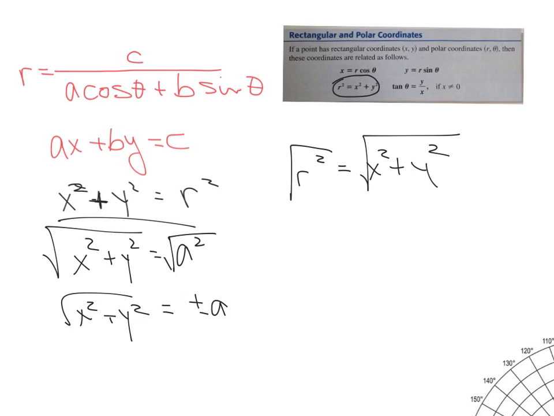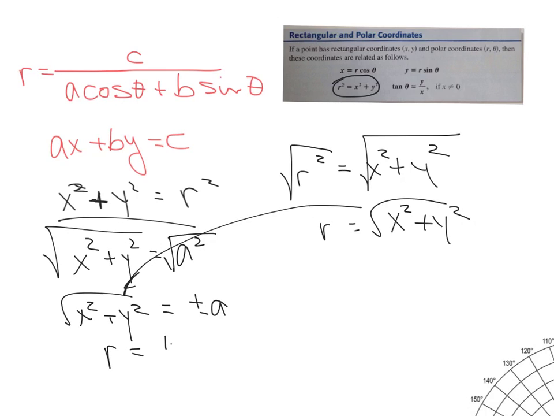Square root of both sides, I get r equals the square root of x squared plus y squared. And that's what I have over here. So r actually equals plus or minus a. And I say negative because remember the r value, the radius, the distance, the measurement is positive, but it can go in a negative direction.